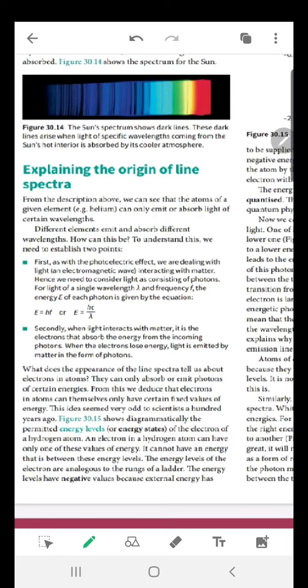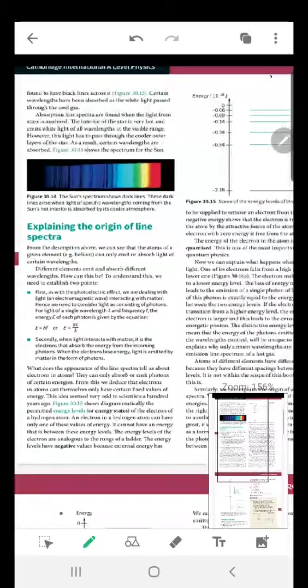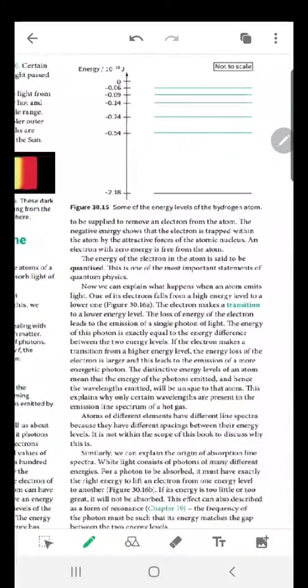The energy levels have negative values. Wow, this is a very good concept. The energy levels have negative values because external energy has to be supplied to remove an electron from the atom. We need some energy from outside to come here to remove this electron and just make it reach the energy level of 0 or above 0 to the positive side.